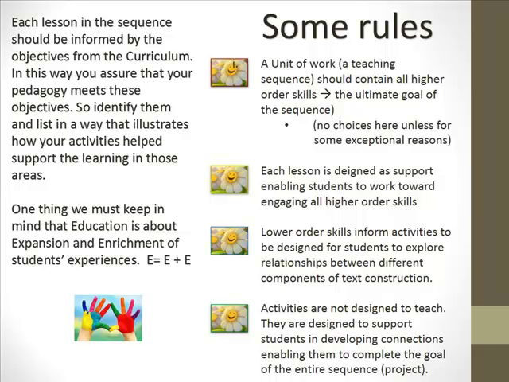So the lower order skills inform activities to be designed for students to explore relationships between different components of text construction. We will cover it. But basically that's what I'm saying. Children explore.